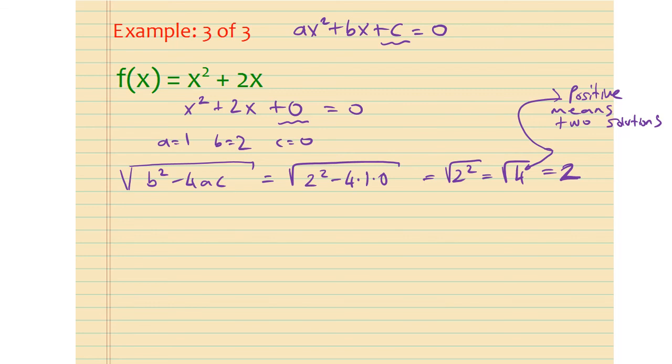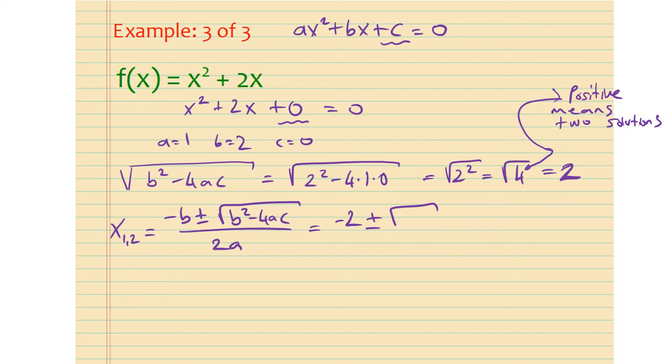Now let's find those two solutions. x1 and 2 is equal to negative b plus or minus square root of b squared minus 4ac all over 2a. Our negative b is going to be negative 2 plus or minus square root of b squared minus 4ac, which is going to be 4 right here, or I can just write 2 at the end as well. 2 times a is 2 times 1.